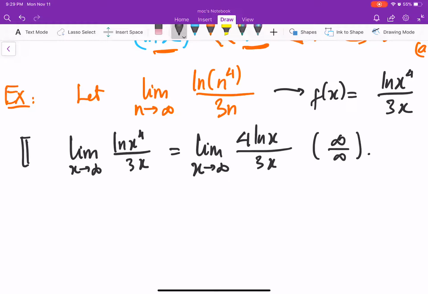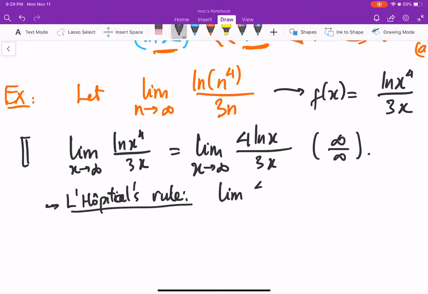So when you see something like that, you would think about L'Hopital's rule, okay? So I will use L'Hopital's rule and find the limit of the derivative of 4 ln of x over the derivative of 3x when x approaches infinity.